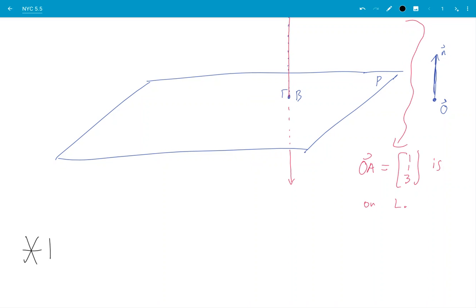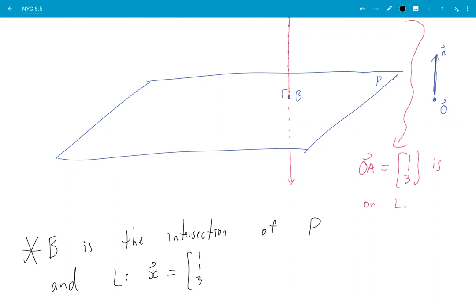B, the desired point, is the intersection of P and L. And remember, you can write L as just a vector that is on the line plus a parameter times a direction vector, 1, 2, 3.